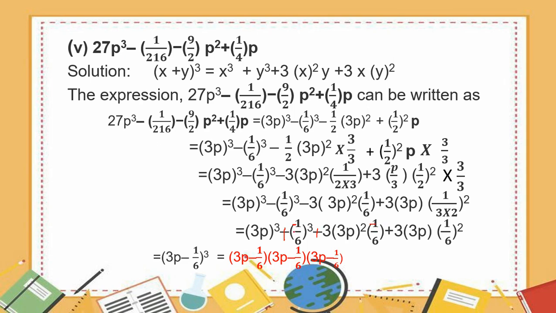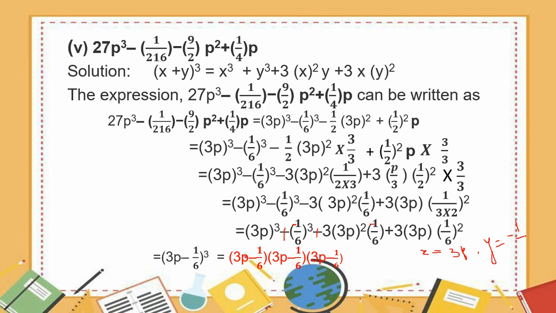So here we get that x is equal to 3p. Okay, but the y value is negative, that is minus 1 by 6 in this identity.